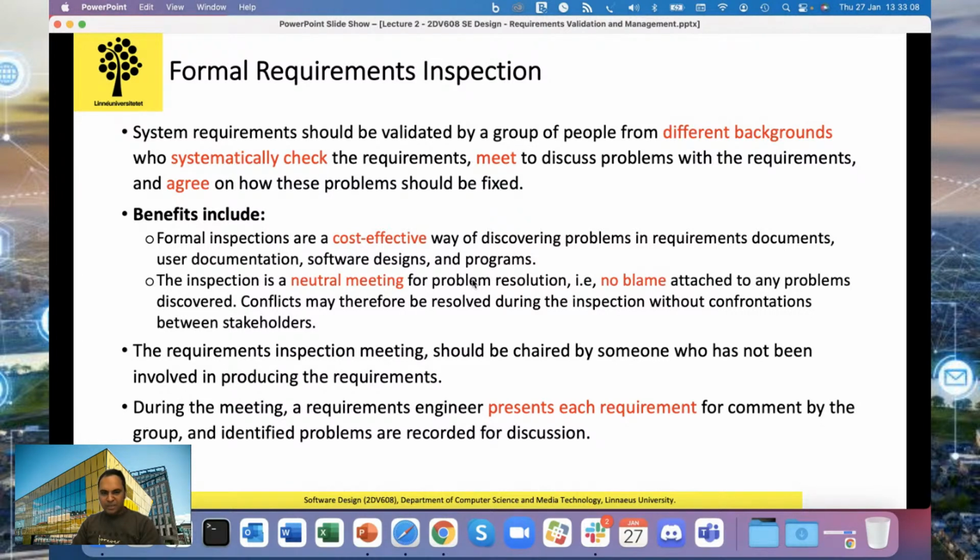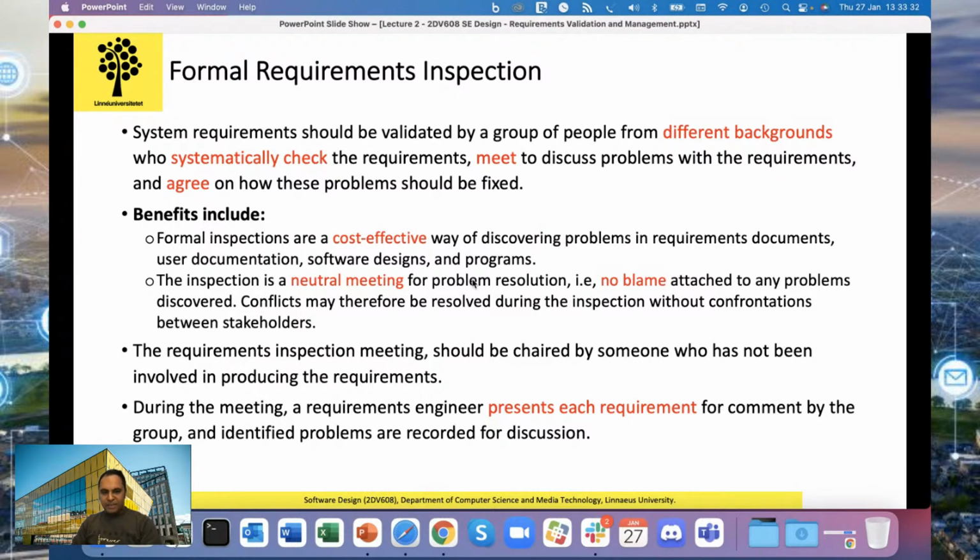And this inspection meeting should be chaired by someone who was not part of the requirements elicitation. Again, this is to avoid biasing the judgment or the decision, so that we can look at the requirements from a neutral perspective.